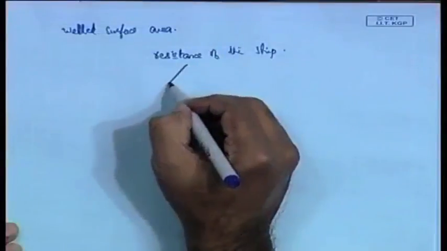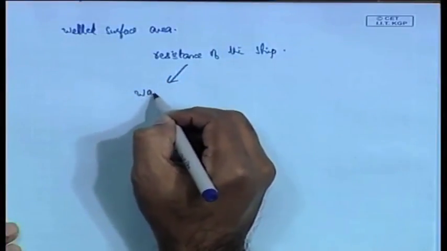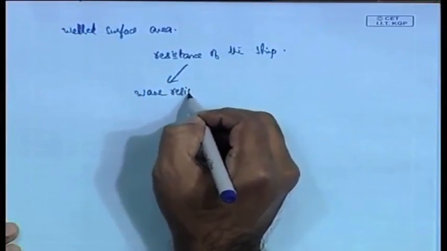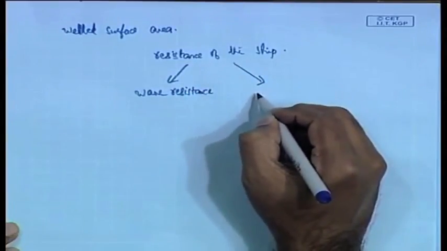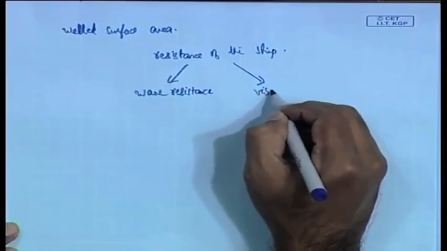So, the resistance of the ship is really divided into two types of resistances. One is known as the wave resistance, and the other is known as the viscous resistance.